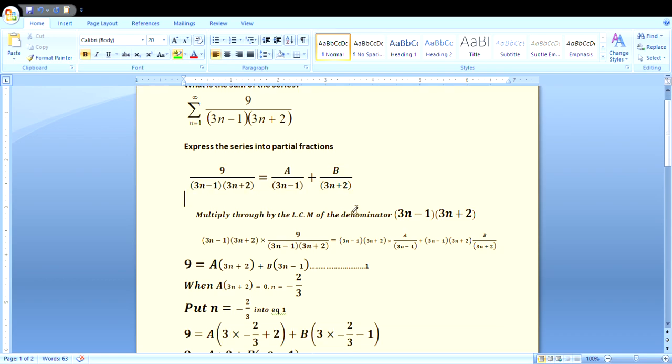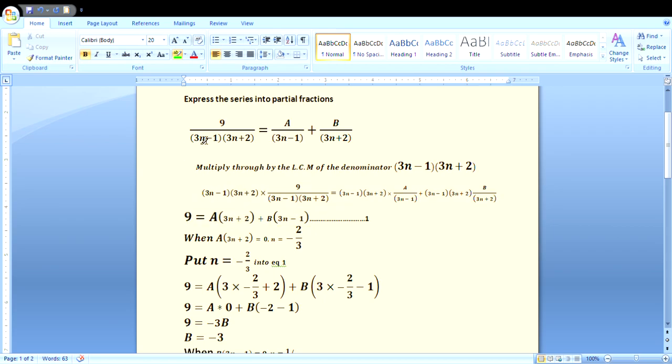We look at the LCM of the denominator, which is (3n minus 1)(3n plus 2), so we multiply through by it. The left hand side is (3n minus 1)(3n plus 2) times 9 over (3n minus 1)(3n plus 2). You see that the whole of this cancels out, and what is left is just 9.